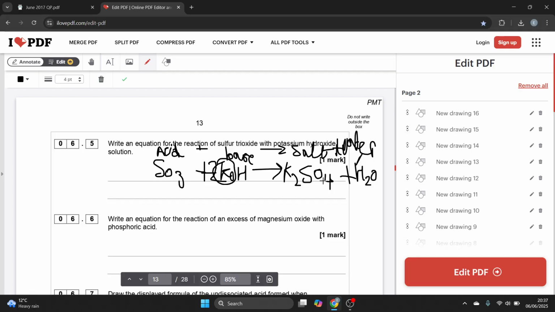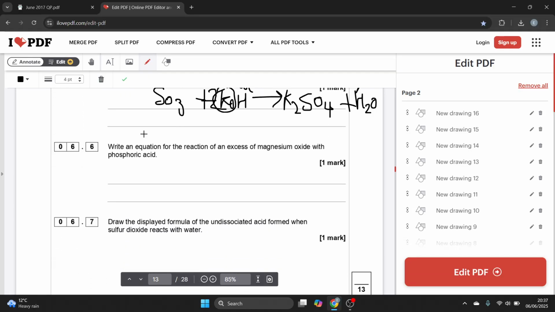Are these things you need to memorize or not? I think they are. I think there is a format you need to memorize. It says in the booklet SO3 plus 2OH minus gives SO4 2 minus plus H2O. So even more equations for us to memorize.